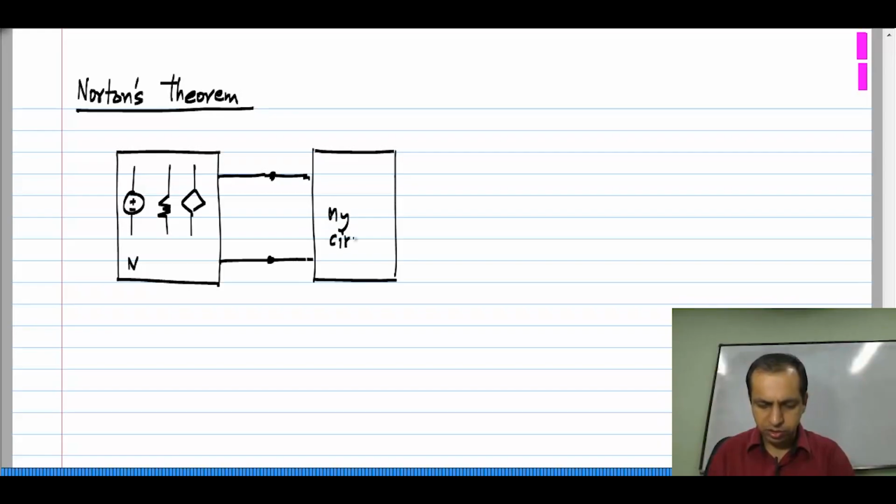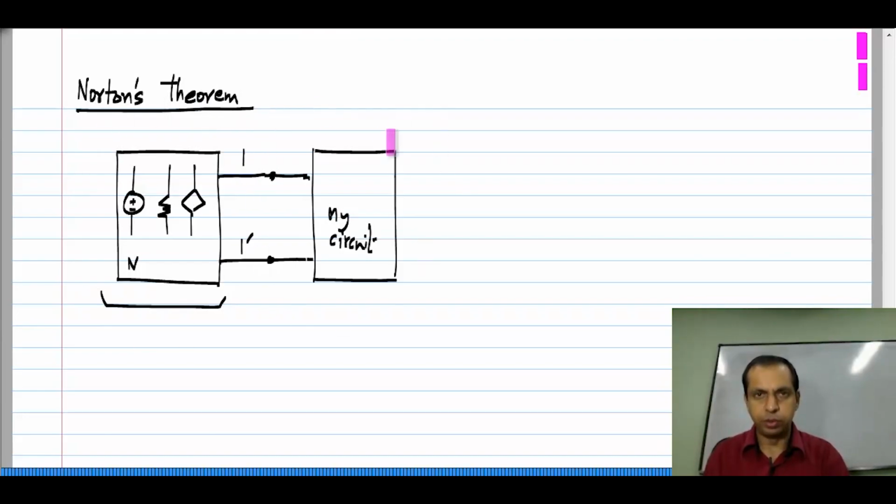Let me call this my circuit. Now, what we wanted was a representation of this circuit N at the terminals 1 and 1 prime, so it can be a stand-in for this circuit regardless of what you connect to it.